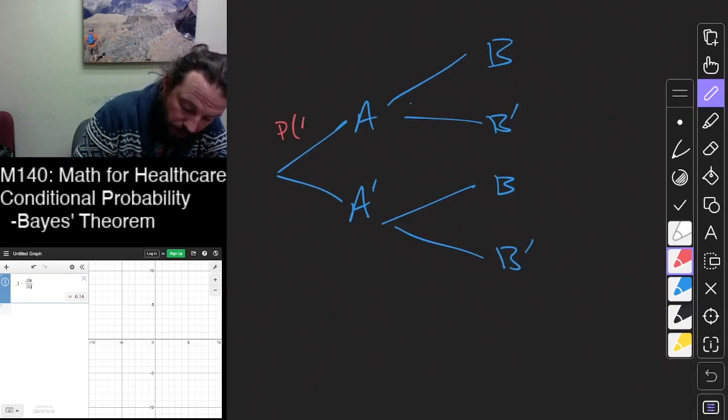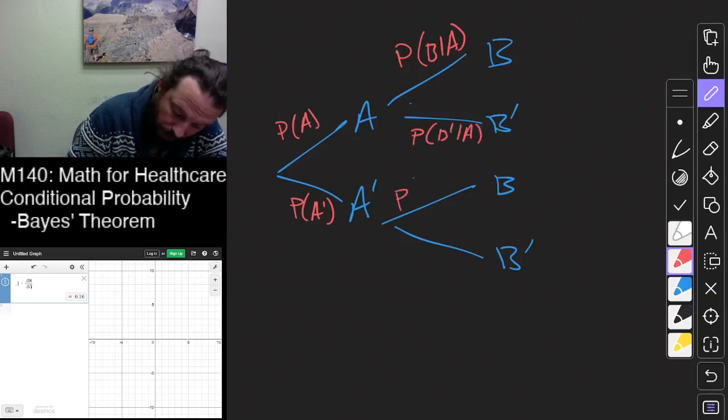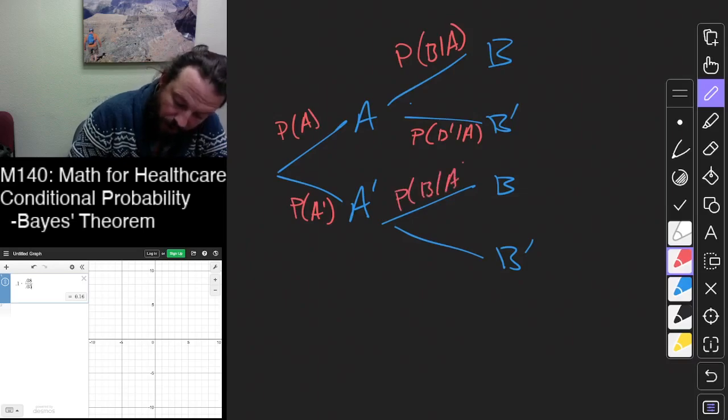We've got probability of A, A complement, probability of B given A, probability of B complement given A. Here we've got the probability of B given A complement.